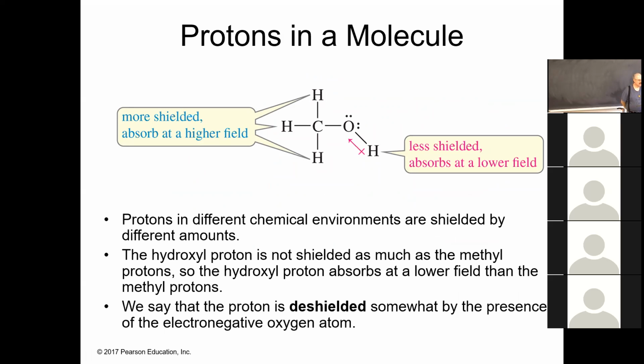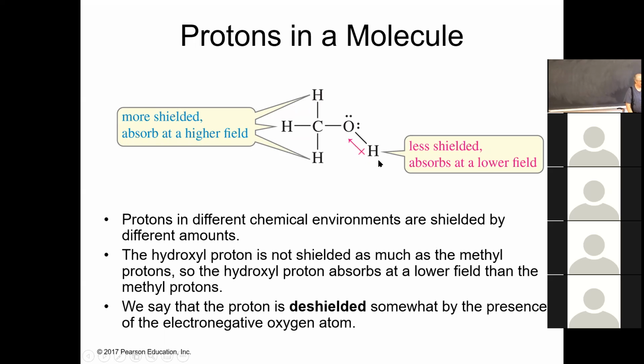So protons in a molecule exist in different chemical environments, and so their electrons offer different degrees of shielding. In methanol, the 3 protons on the carbon are all equivalent, but they're different from the one that's on the oxygen. The hydroxyl proton is not shielded as much as the methyl protons.